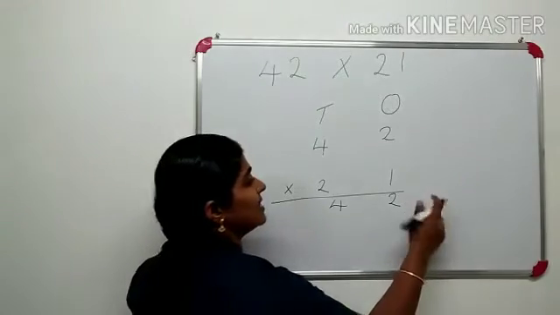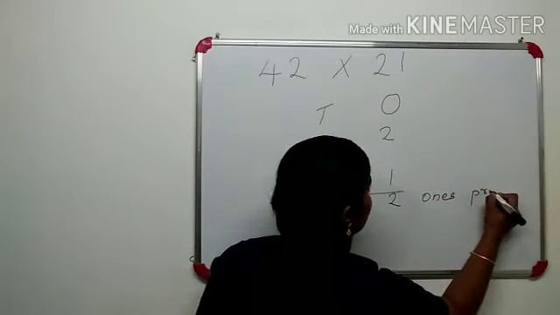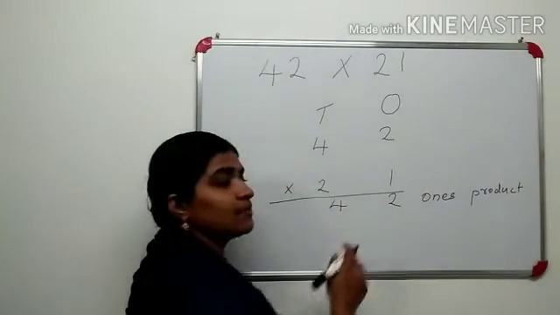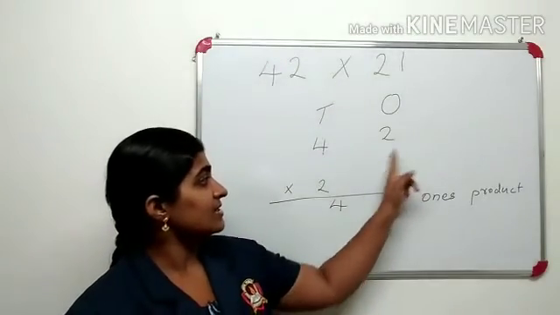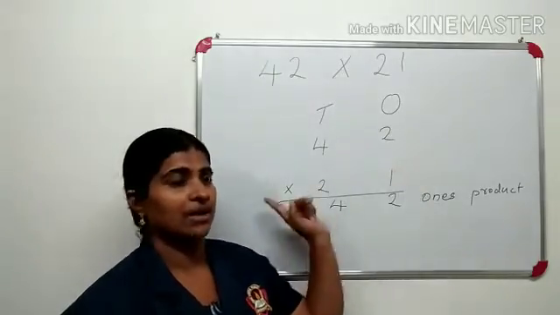This is the ones product. That means we get this product while multiplying the ones digit of the multiplier by the multiplicand.